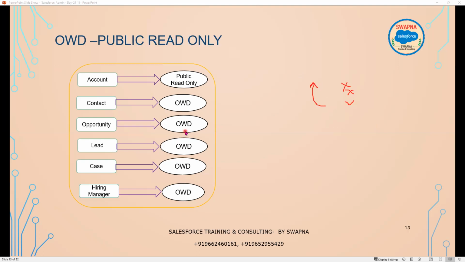If the OWD is public, then in that scenario, if CTO creates a record, COO can see, CFO can see, and CEO can see, everybody can see.